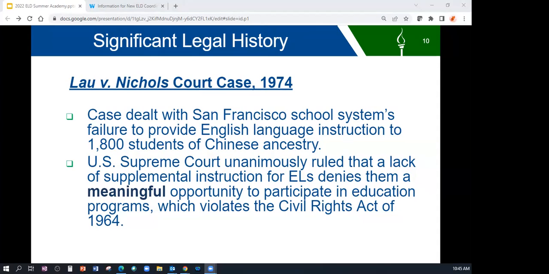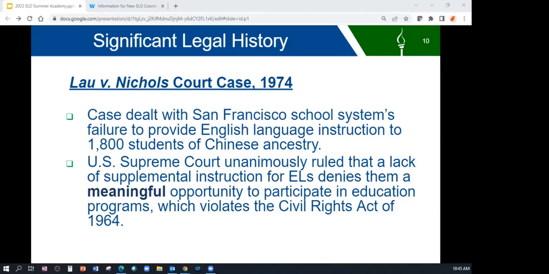So the school district said, it's not our fault that they don't speak English. We're being fair and just because we provide the same instruction to all students. But the families and the students didn't feel that that was accurate, and they took it to court. The lower courts in the state agreed with the school district and said they were doing their part because they were giving everyone the same education opportunity.